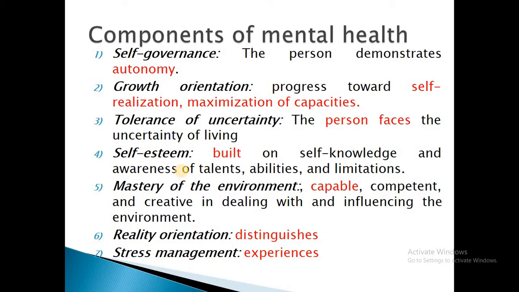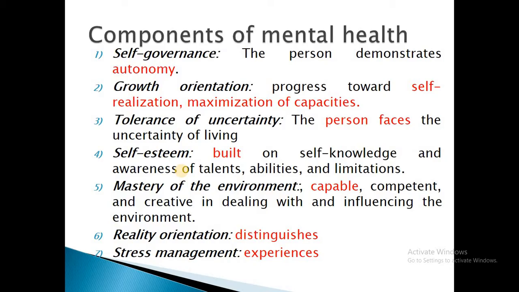Third component of mental health: tolerance of uncertainty. What is the meaning of tolerance of uncertainty? The person faces the uncertainty of living. Each one of us may face a certain situation suddenly, and sometimes can't deal with this situation.